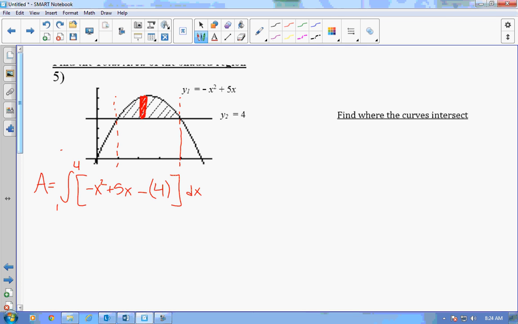Wait, how come it's not 4 by 3 for the total area underneath? Because we're not going all the way down here. We're stopping here. So what I'm saying is, if we just found the area for negative x squared plus 5x, we would find everything underneath.